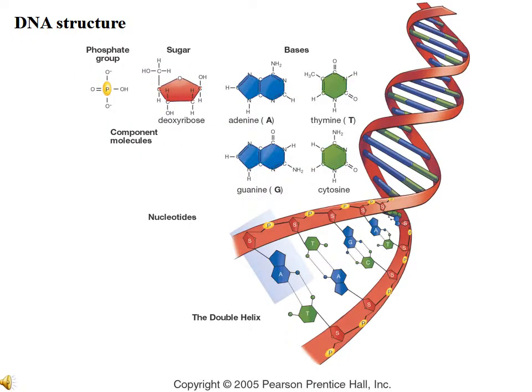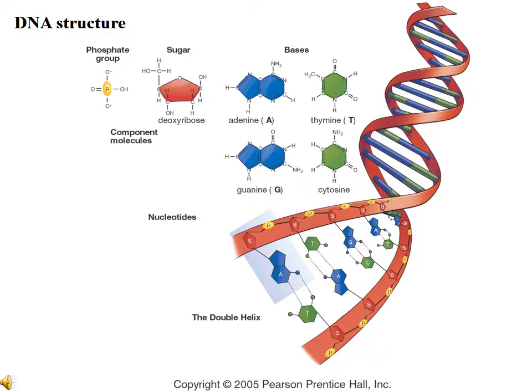Now, let's look at the DNA molecule. First of all, the DNA molecule is a double-stranded molecule made up of nucleotides. A nucleotide is made up of a phosphate group, a sugar, and a base.